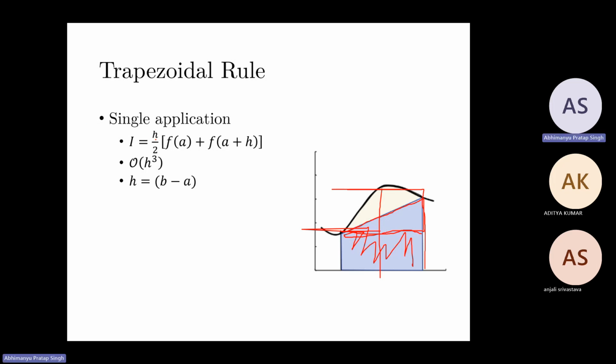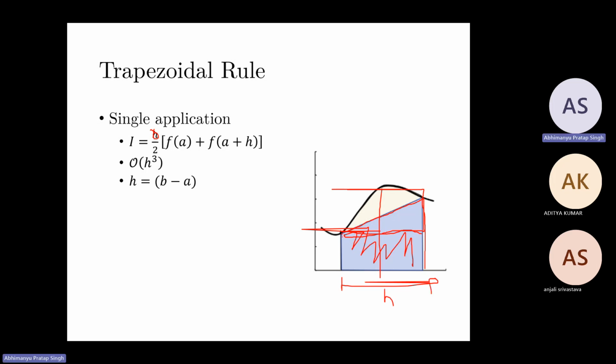This is the formula. If I try to find the area of a trapezoid, the area of a trapezoid is the sum of the two parallel sides multiplied by the distance between them and divided by 2. So this is the distance between the 2 points, this is my h.